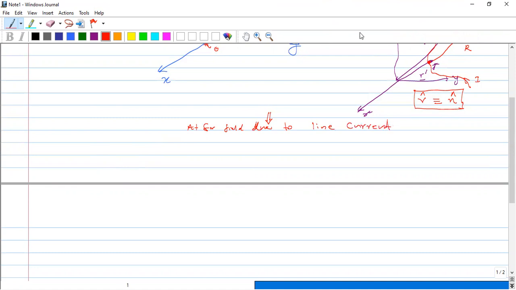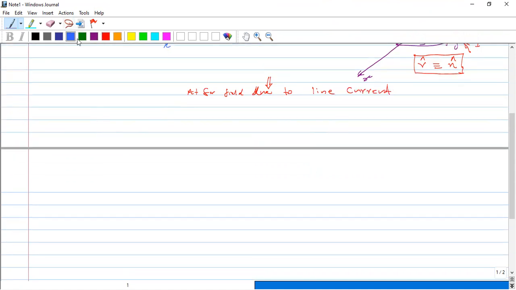Then your magnetic vector potential will be approximately equal to, because we are making some assumptions here, mu naught e to the power minus jkr over 4 pi r, and then your integration should be done.